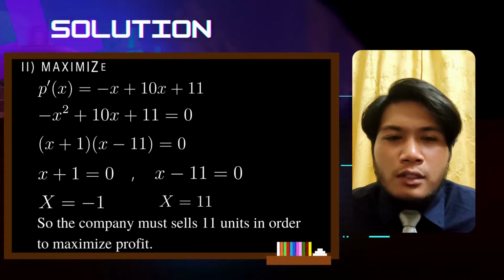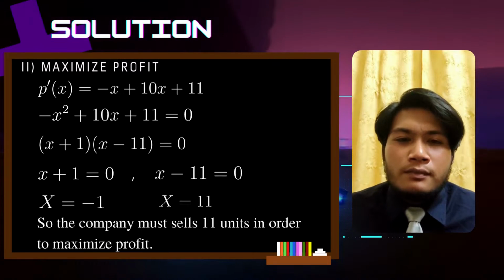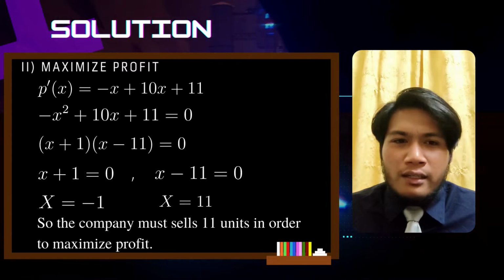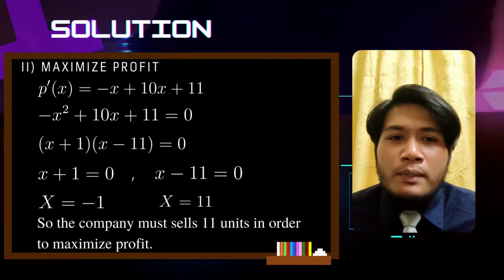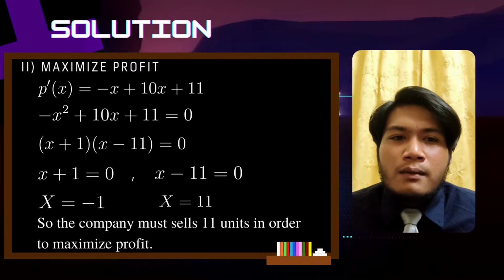For the second question, maximize the profit. In order to maximize the profit, we must find the first derivative of P x, and we find that P prime x is equal to negative x squared plus 10x plus 11.